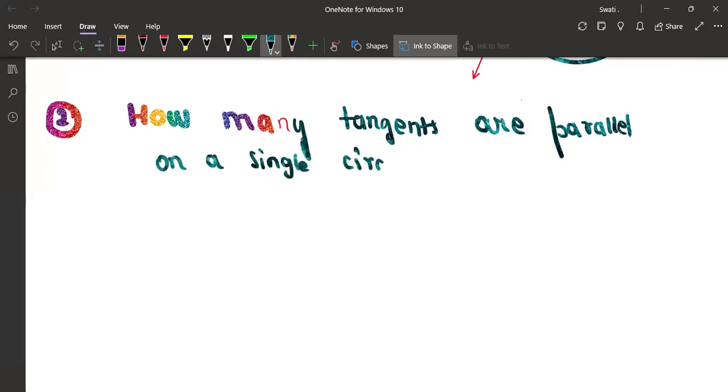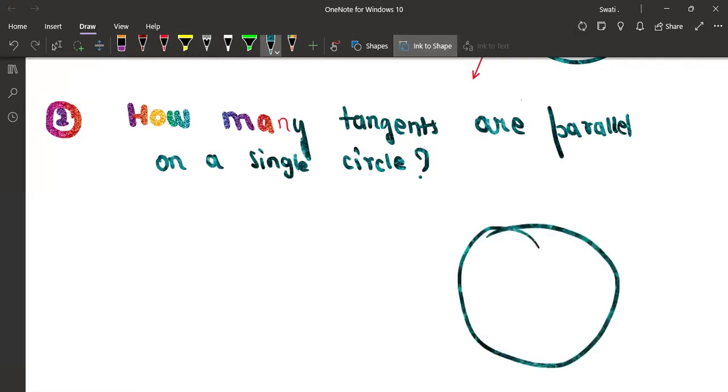I'll make you understand what exactly this question is asking with the help of the diagram. So if I have a circle, it simply asks, oh, this did not get converted.